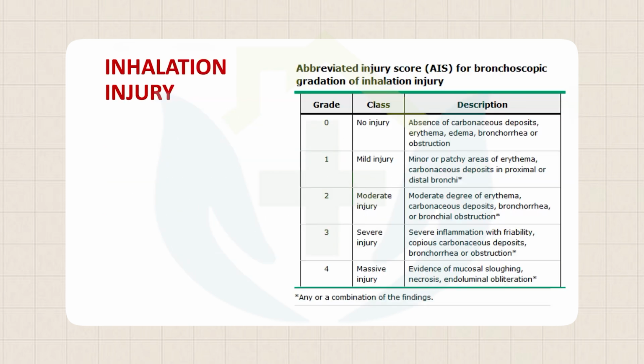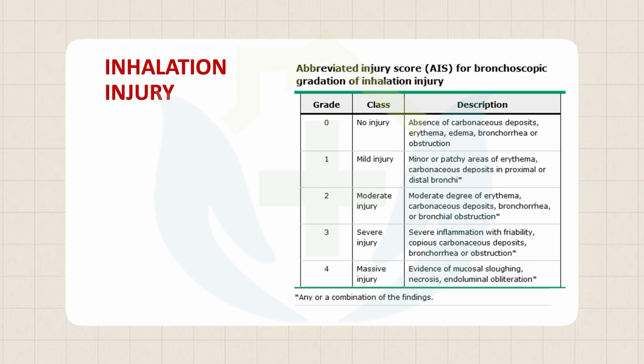Now an interesting part is inhalational injury. If you remember, I was talking about early intubation in these patients, and there are 2-3 scenarios where you have to intubate preemptively. If you have suspicion of inhalational injury, we can diagnose and categorize it by use of a bronchoscope. You do a fiber optic bronchoscopy, keep the patient awake, simply go through the nose and look at the vocal cords.